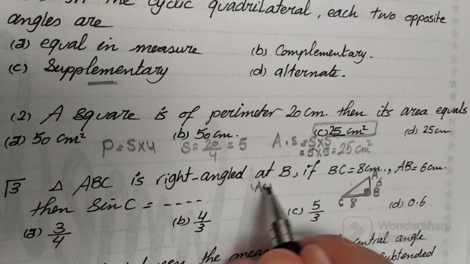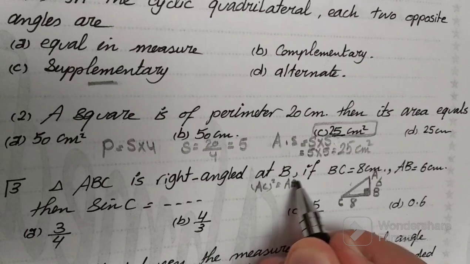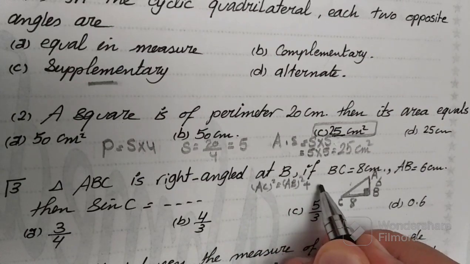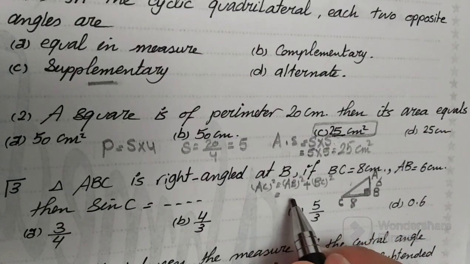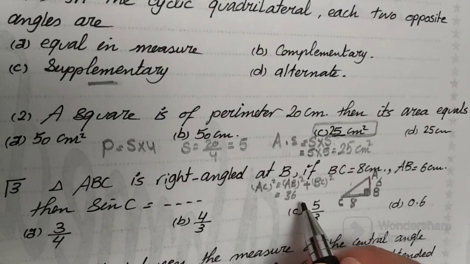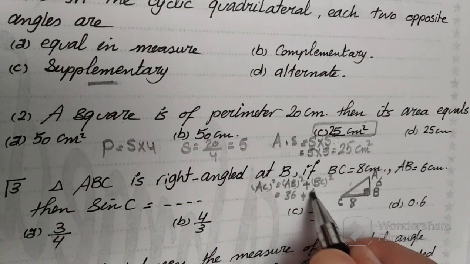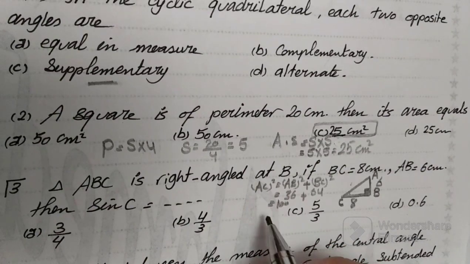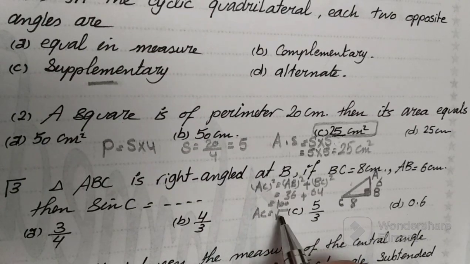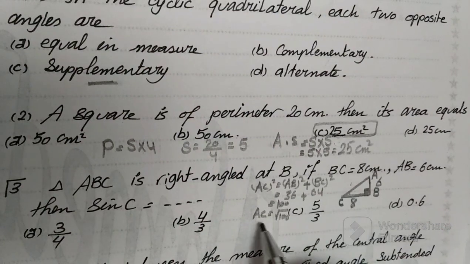AC squared equals AB squared plus BC squared. 6 squared is 36, BC squared, 8 squared, equals 64. Then the result is 100. Then AC equals the square root of 100, equals 10 centimeters.